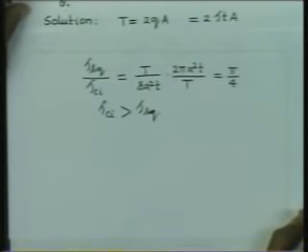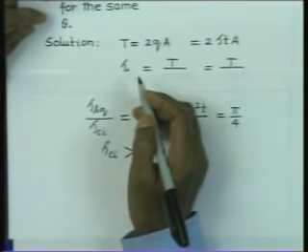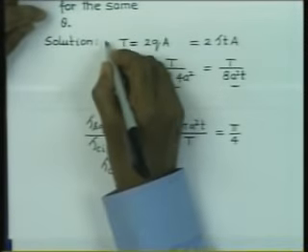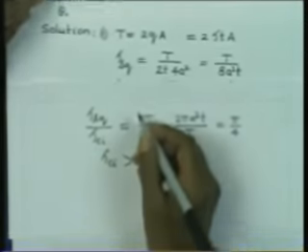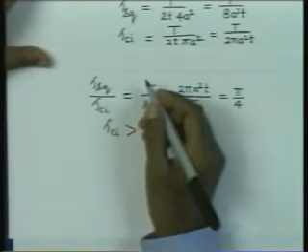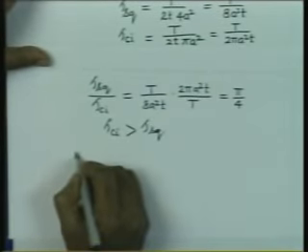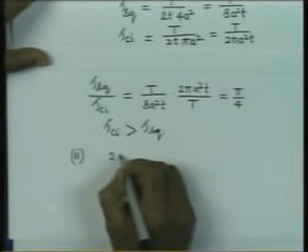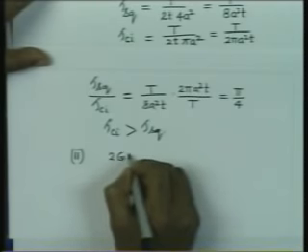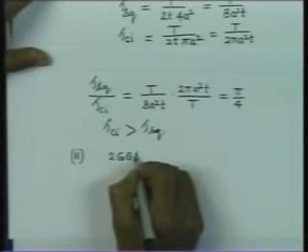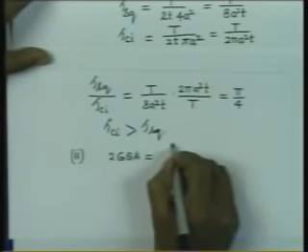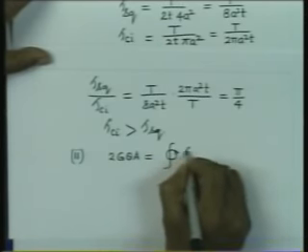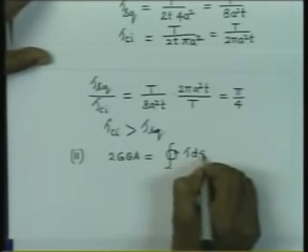So, this is our solution for the first part. We will now look into the solution for the second part. For that, we make use of equation number 2, which is 2 times G theta A is equal to the integral of tau ds.